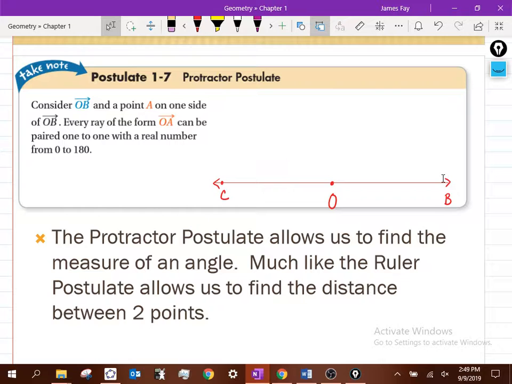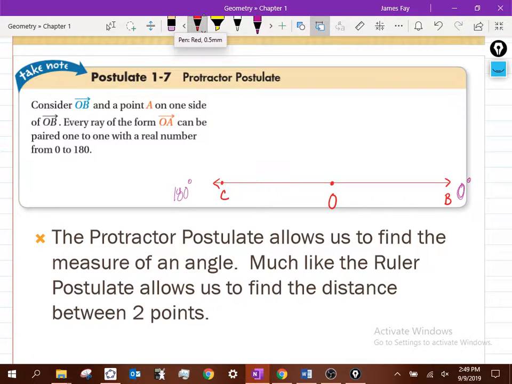What the protractor postulate is saying is that we are essentially going to attach 0 degrees to ray OB. That's the coordinate for ray OB. Ray OC is going to have a coordinate of 180 degrees.